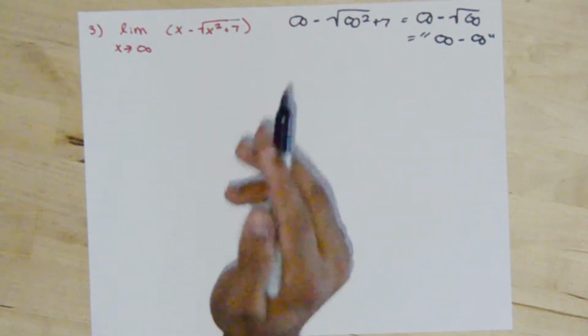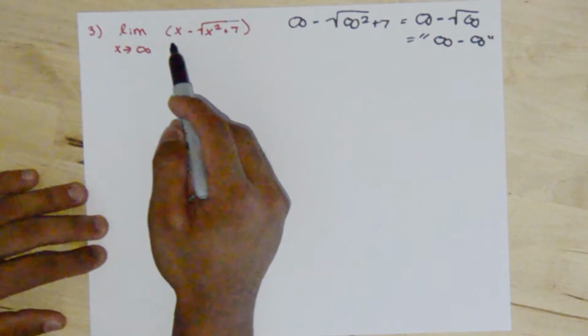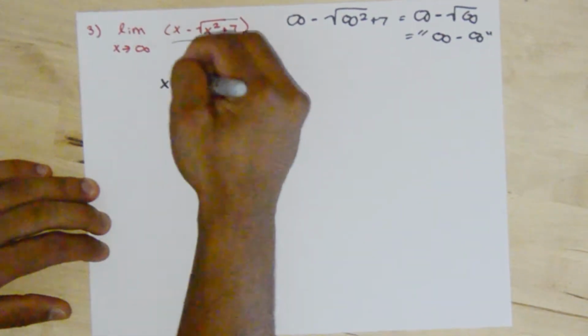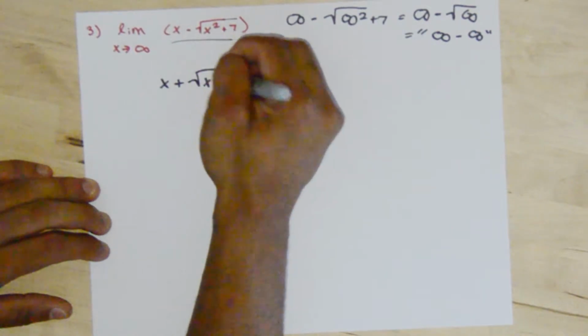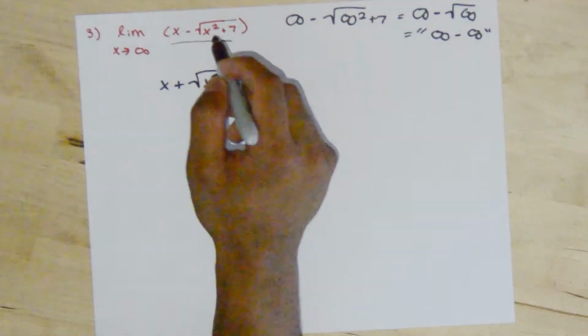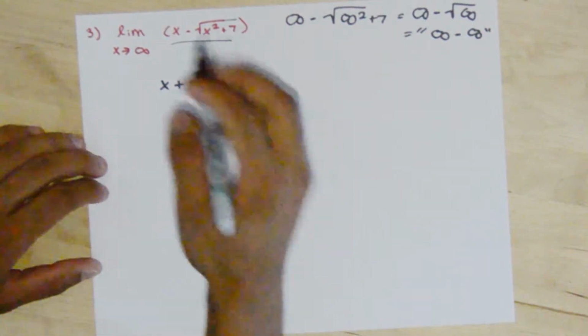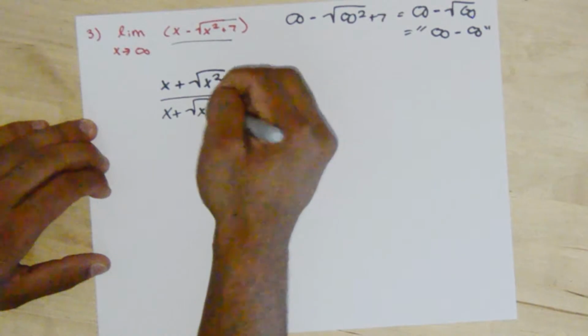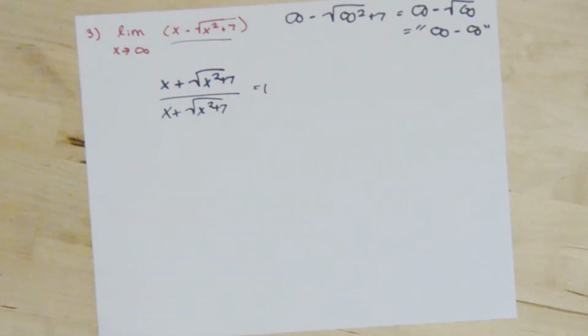So what you can notice is that a conjugate of this is possible, and the conjugate of this function is x plus the square root of x squared plus 7. So now, if we multiply this function by 1, but 1 in the form of this over the same thing, we may be able to get a function that is easier to handle.